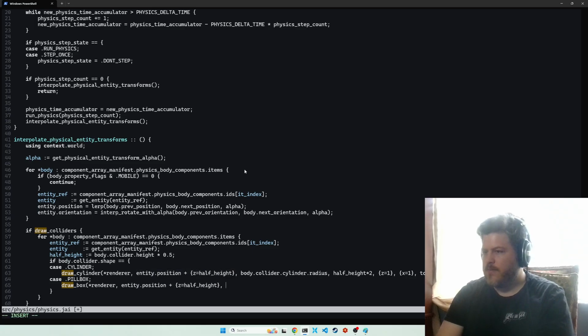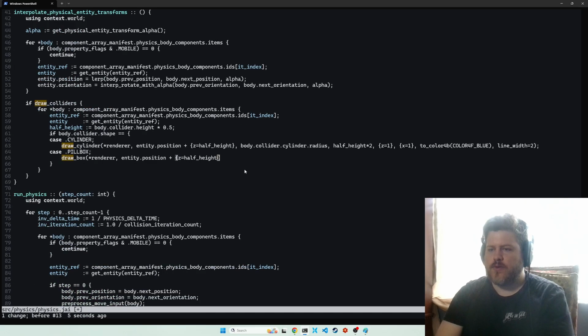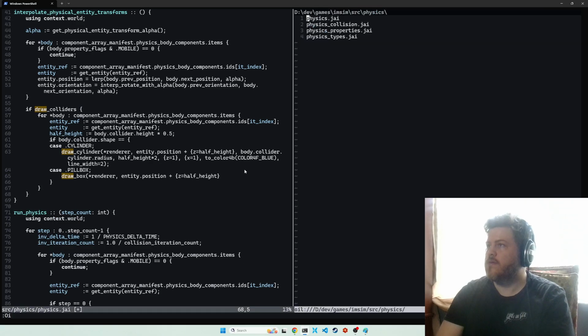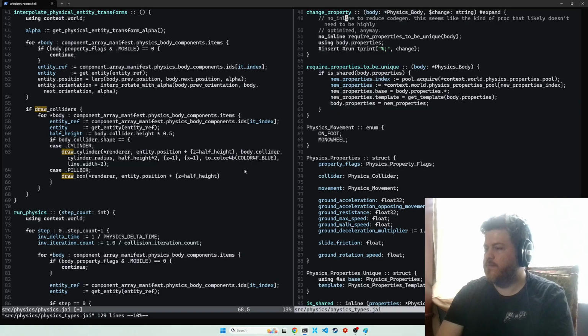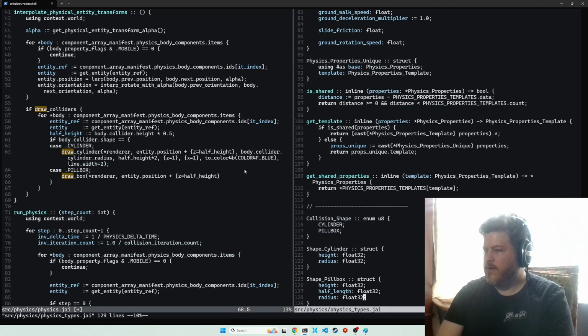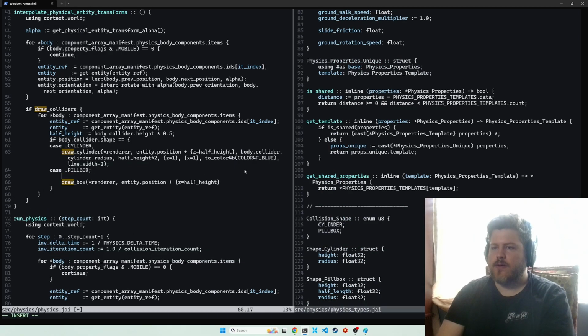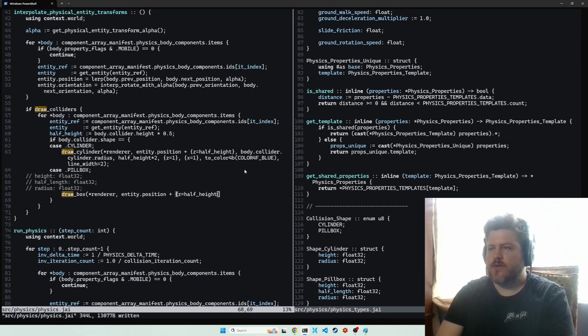That is still the same center of the box. Okay, let's split this for a second. Just want to see real quick. So these are the dimensions we're working with. We have height, half length. So half length is going to be the step, the length direction forward, and the radius is going to be the width direction.